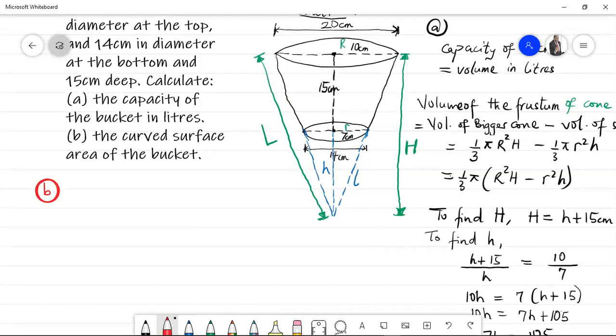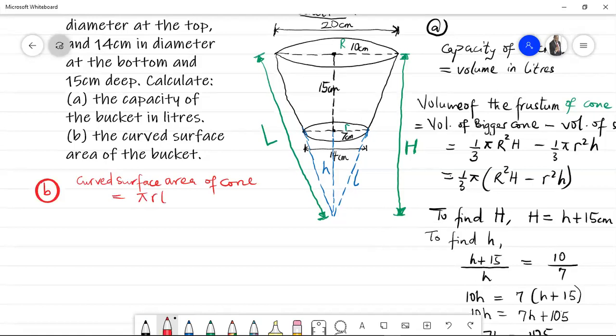Let us remind ourselves that the curved surface area of a cone, let's put that down very quickly, is simply given as pi RL, where L is the slant height of the cone.